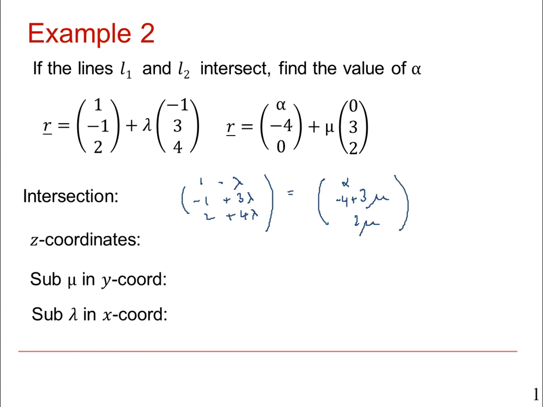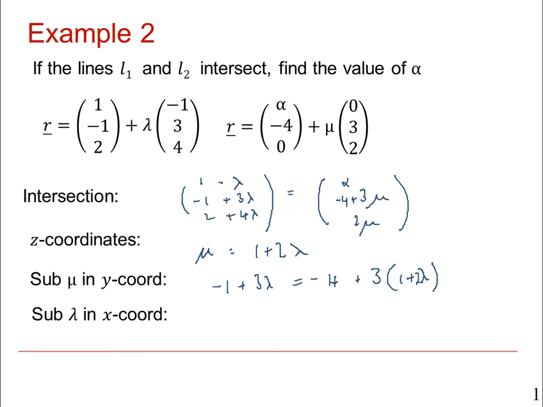Looking at the z coordinates, we see that 2 plus 4 lambda is equal to 2 mu, and therefore mu is equal to 1 plus 2 lambda. We can substitute that into y, so that we have negative 1 plus 3 lambda is equal to negative 4 plus 3 times 1 plus 2 lambda.